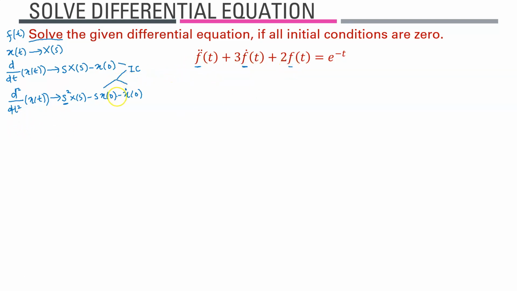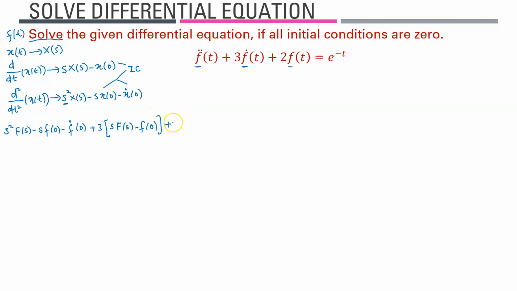If we apply this differentiation property to this differential equation, for the first term we will have s squared F of s minus s f of 0 minus f dot of 0, plus 3 multiplied by the whole thing. We have a first order differentiation, so s F of s minus f of 0.